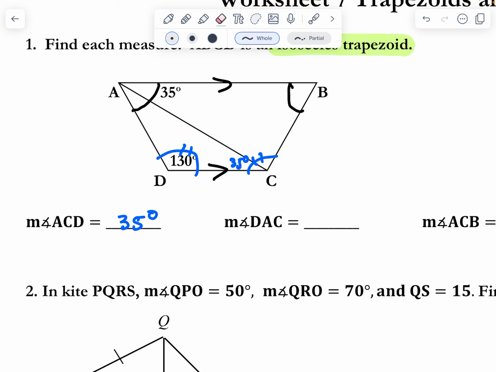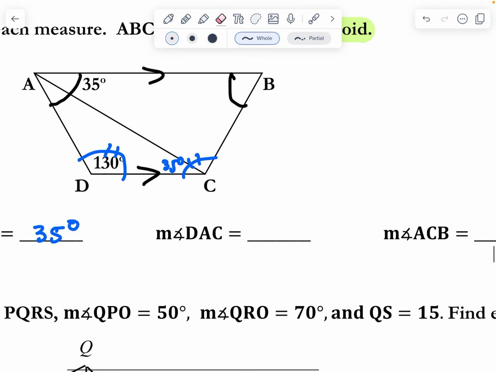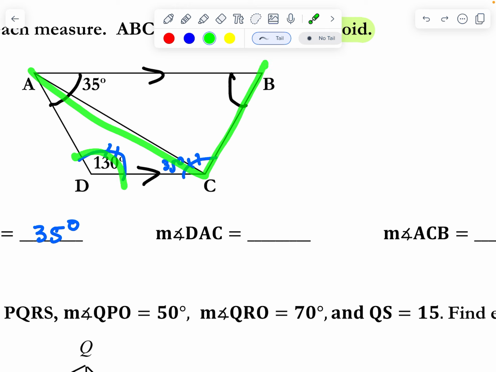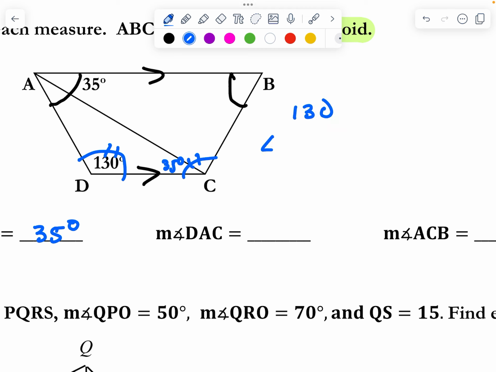Now that I found ACD, I can find ACB because these angles here are congruent, right? So all I have to do is take 130. Remember, angle D is going to be equal to angle C, the whole thing. Or in this case, it's going to be ACD plus angle ACB.